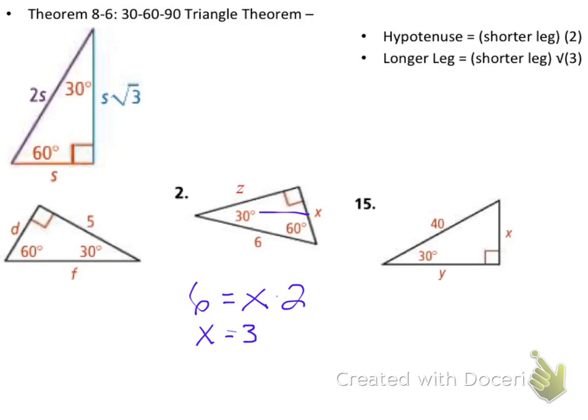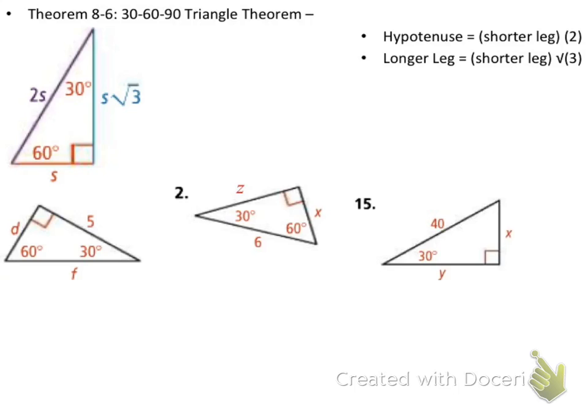My longer leg, which is z, is equal to 3 times the square root of 3. And so z is equal to 5.2. Just like that.